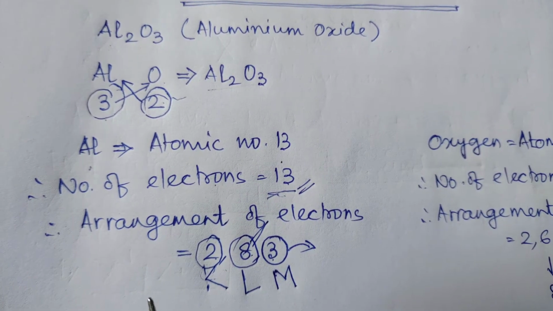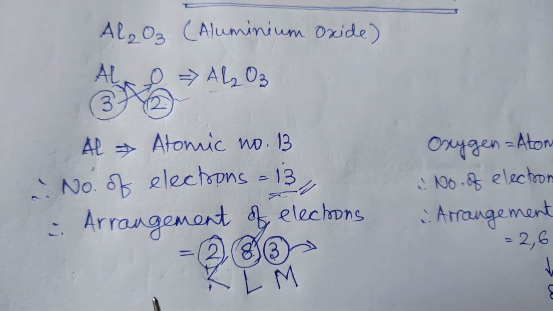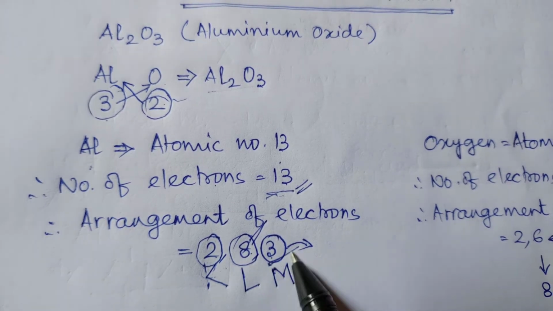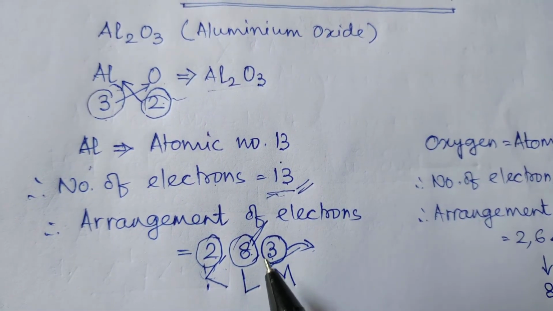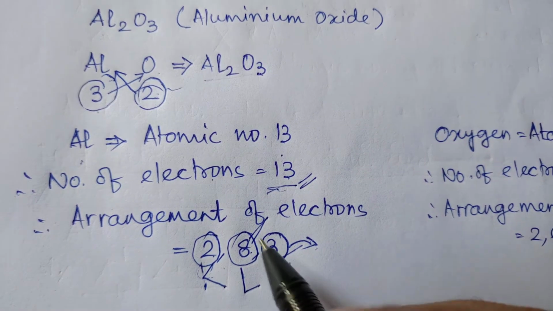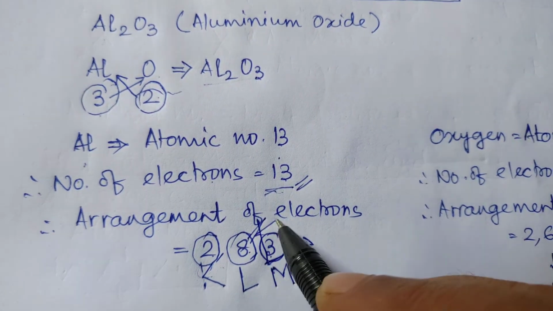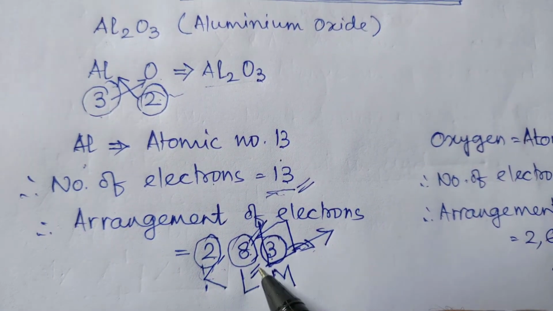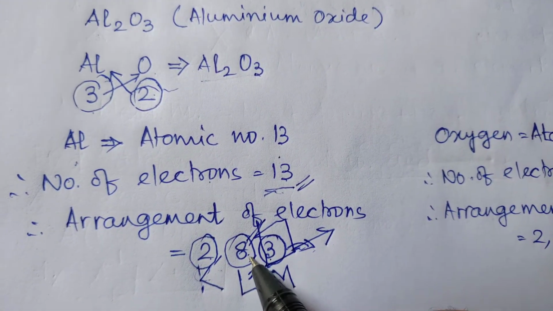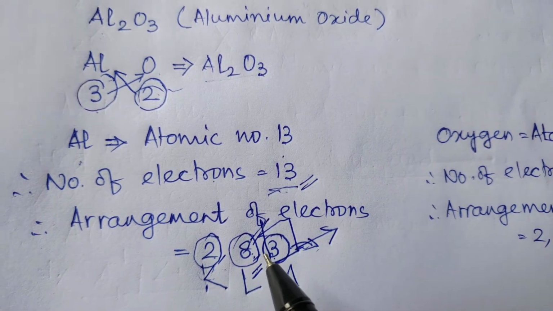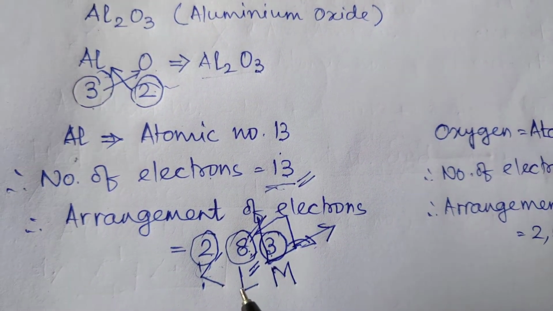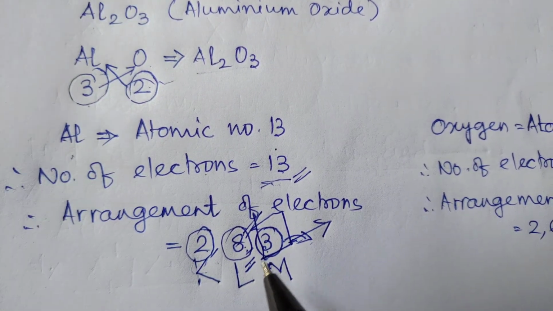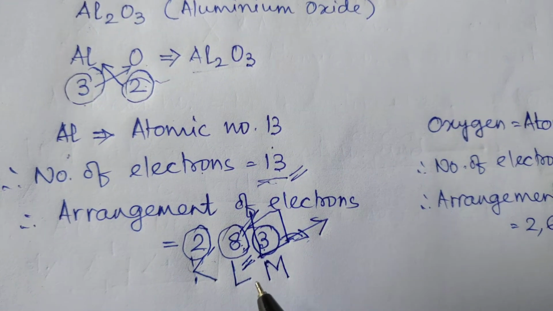Maximum 3 it can release, or maximum 3 it can accept. Now here, if I release these 3 electrons from the outermost shell, the outermost shell will contain 8 electrons. So it will be transformed into a stable noble gas configuration, complying with the Octet Rule.